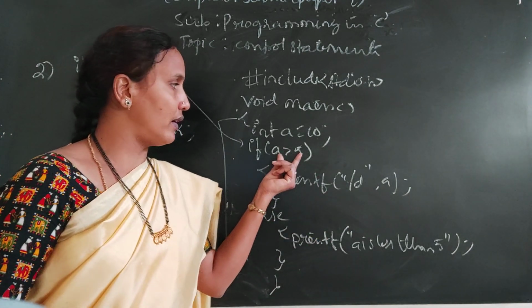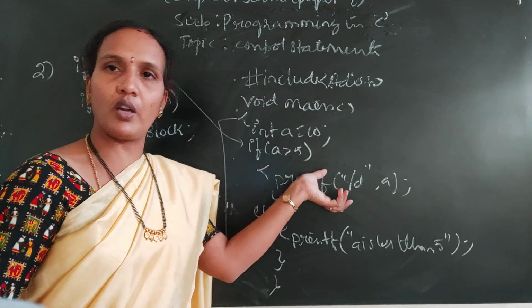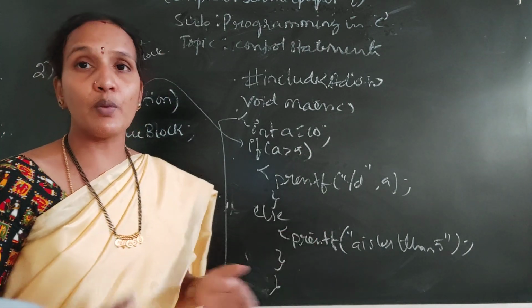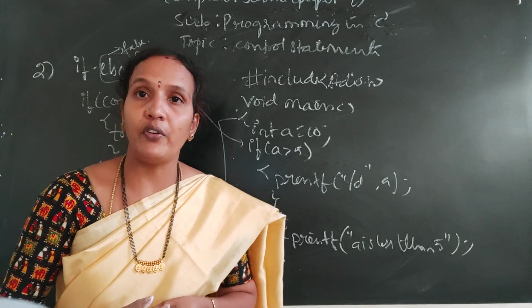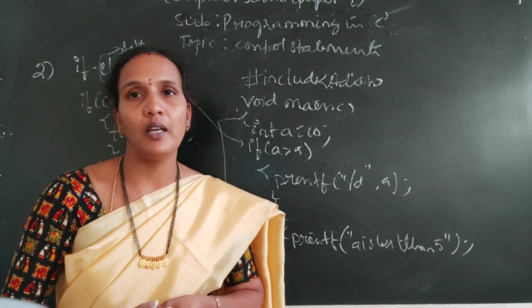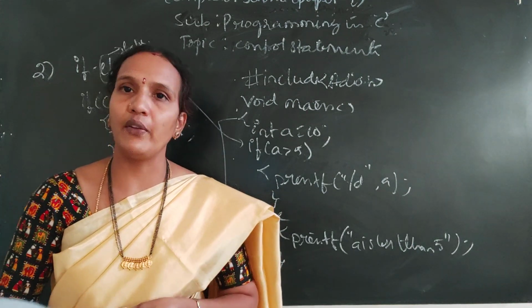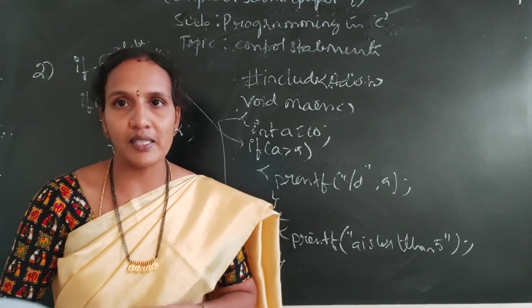If this relational expression gives a true value, this block will be executed. If it gives a false value, this block will be executed. So based on the condition result, the block will be executed when you implement a control statement in programming. This is about if else. In the next class, we will discuss nested if else.